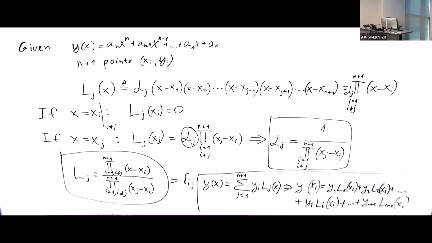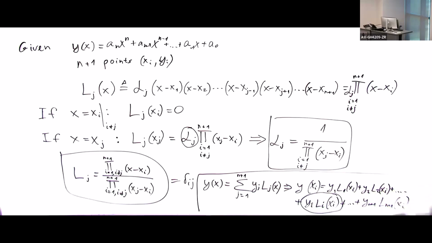So pay attention to what happens here. This was the definition of how I defined y of x, again in the slide. Now, if I substitute here xi, a particular given point, any of them, okay? Here's what happens. I'm writing that polynomial explicitly. This will be y1 L1 at that point, y2 L2 at that point, plus, and so on until you get to point i. So it will be yi Li at that point xi, plus all kinds of other things. If this one is not equal to i, this is just 0, okay? All of them are 0.